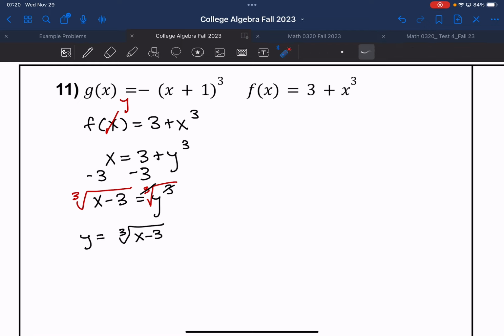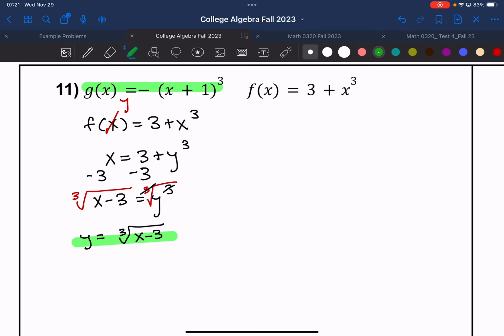So now we're checking if this equation we got matches which one? G of x or f of x? G of x. Does it match g of x? No, not at all, because g of x is being cubed, but our new function is being rooted. Yeah, cube root. So that 3 makes it cube root, not square root.